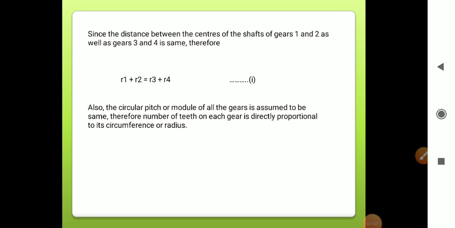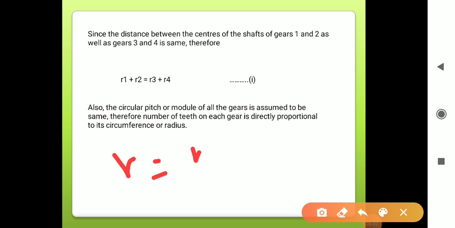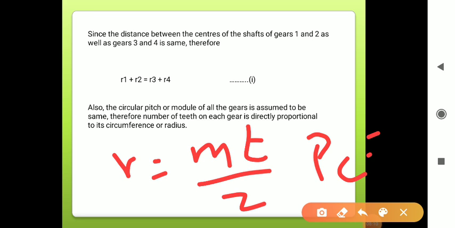That means the number of teeth is directly proportional to the radius. We already saw one relation: small r is equal to m into T divided by 2. Since the module or circular pitch will be the same, the number of teeth is directly proportional to the radius.